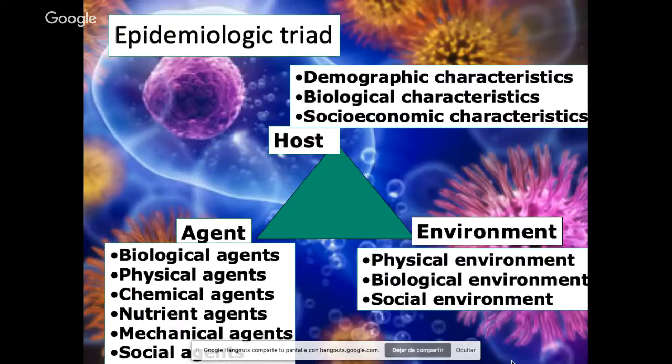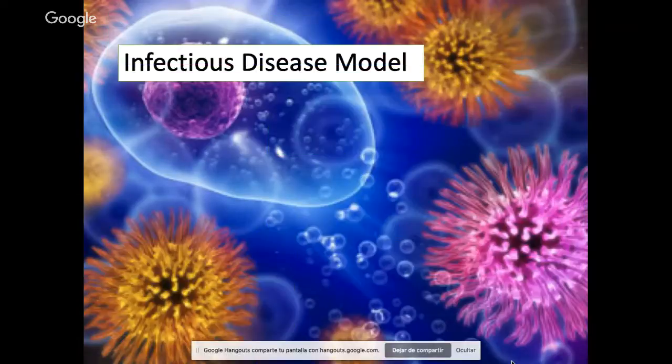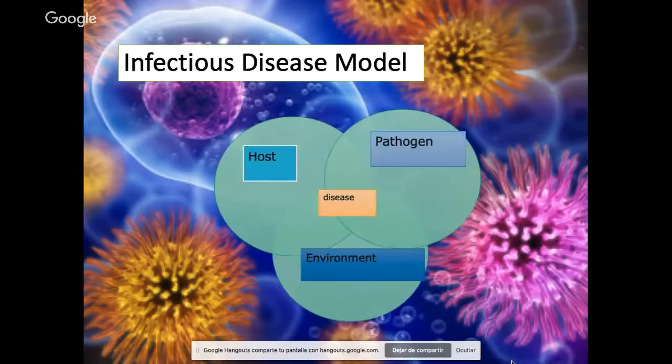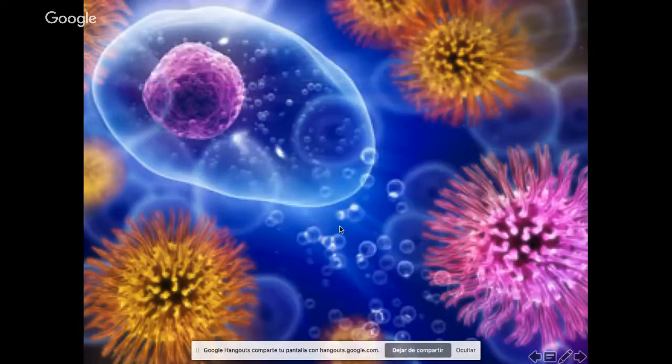And in the environment, we have physical environment, biological, and social environment. In the infectious disease model, we need to have the host, the pathogens, and the environment. All that have to come together to produce a disease.